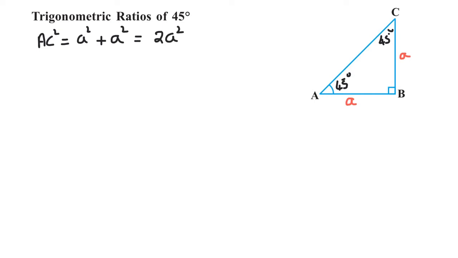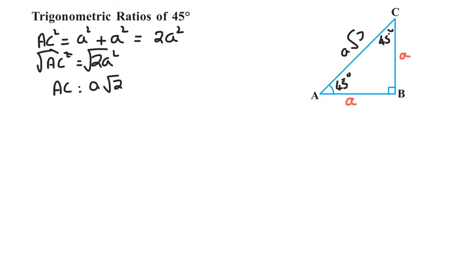Taking square roots on both sides, AC will be equal to A square root 2. So AC is going to be A square root 2.